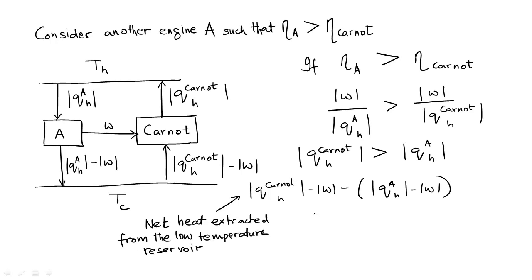We see that this net heat extracted is positive. This is also the heat delivered to the high temperature reservoir, which we can get by subtracting this quantity from this quantity.